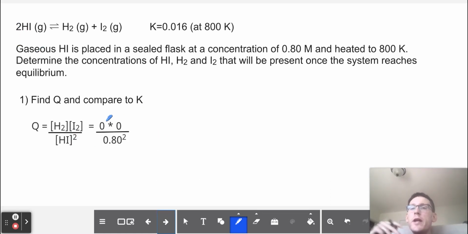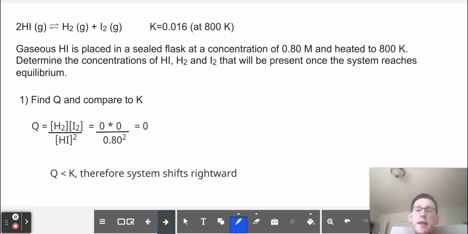Now, we know that there's only HI here, so we will have 0 hydrogen and 0 iodine over some amount of HI. This gives us a Q that is equal to 0. And because Q is less than K, the system has to shift rightward, going towards equilibrium.